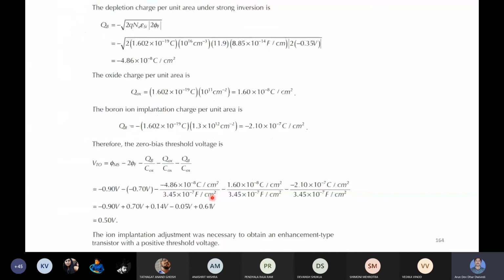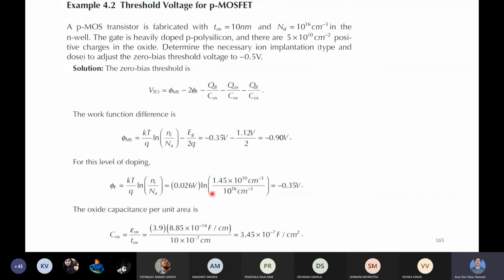If adjustment is done, then we have this type of problem: a P MOSFET transistor is fabricated with TOX equal to 10 nanometer, and ND, since it is now a P type MOSFET, so the substrate will be N type, therefore ND is equal to 10 power 16 per centimeter cube in the N well.